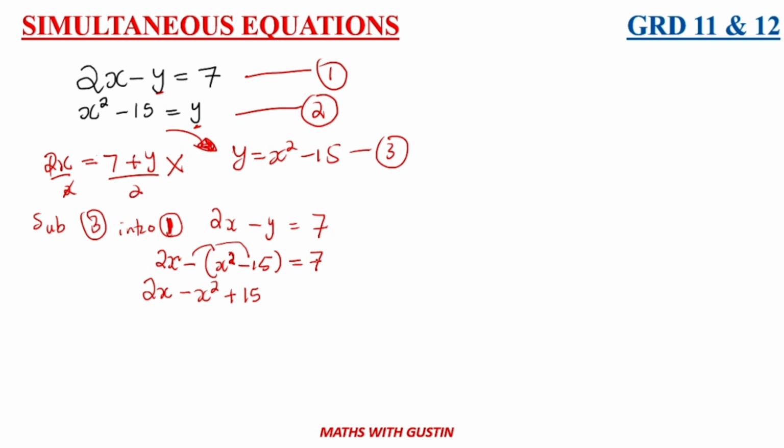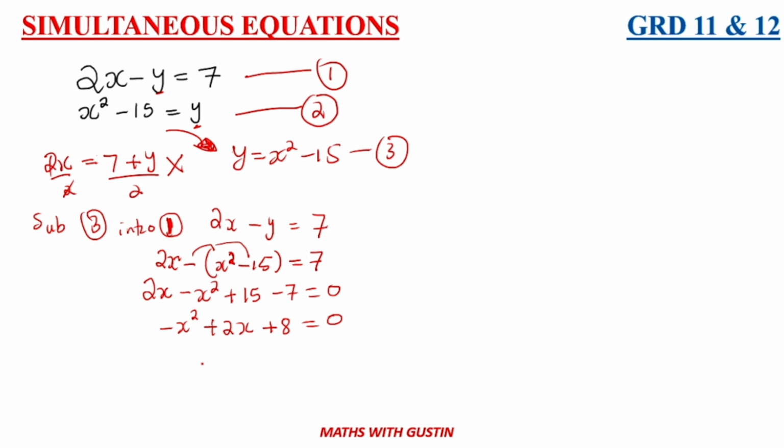Then I will take the 7 from this side to that side, which is negative 7. It's equal to 0. So you're going to have negative x squared plus 2x plus 15 minus 7. 15 minus 7 would give us a positive 8.